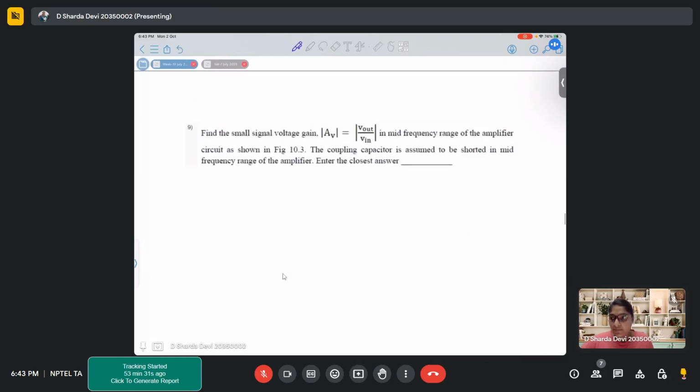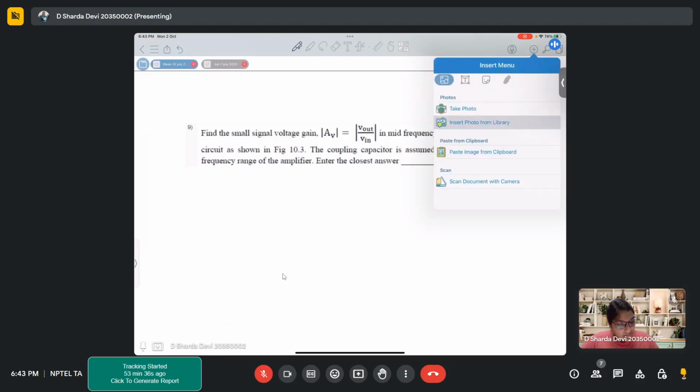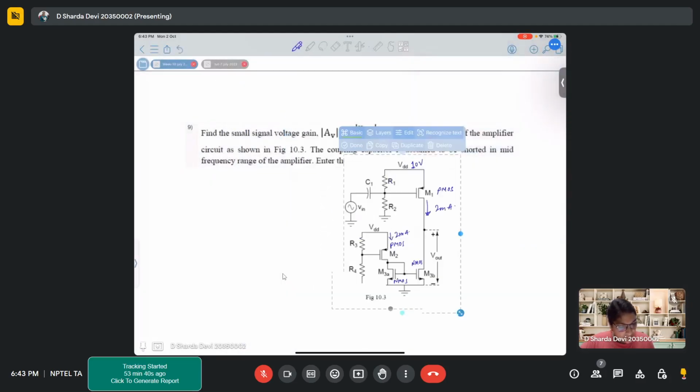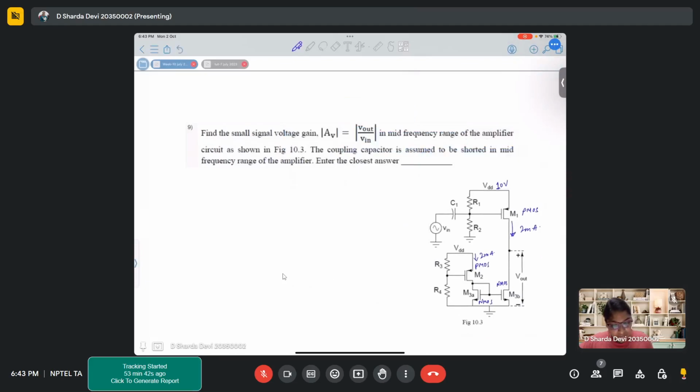Now coming to the next problem. In this problem, we have to find the small signal voltage gain in the mid frequency range, that is the maximum gain that you can get basically. The coupling capacitor is assumed to be shorted in this frequency.